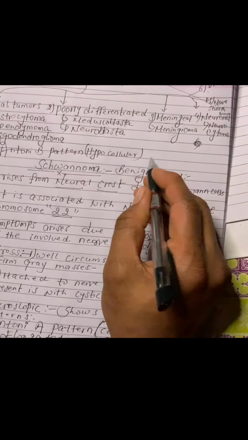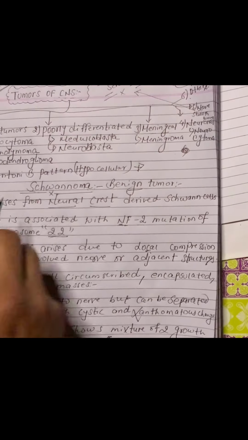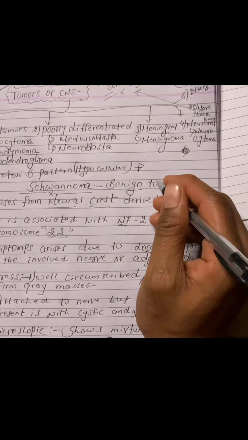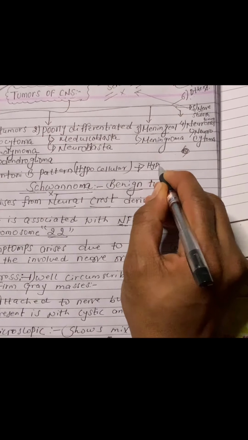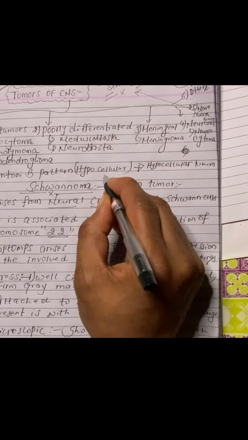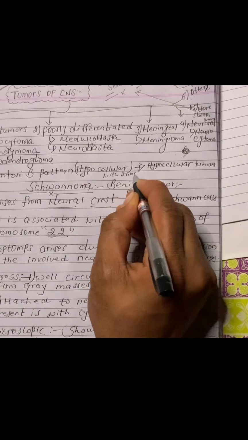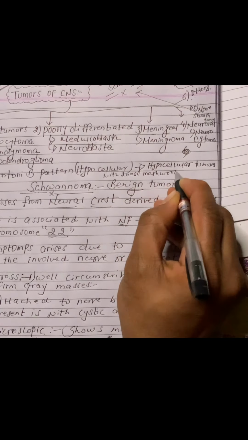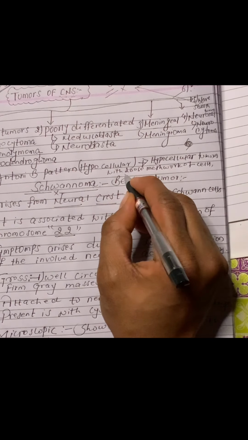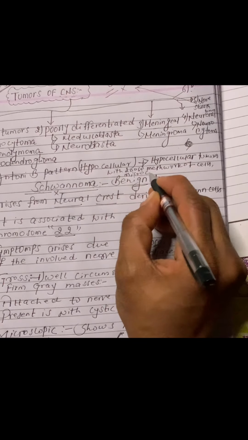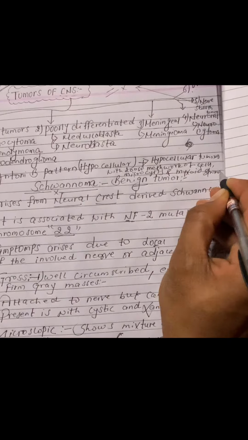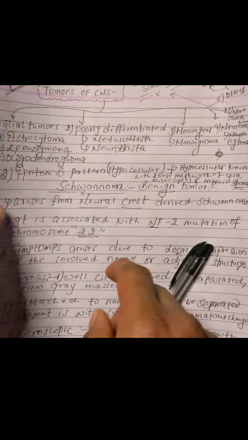So in the Antoni B pattern you can encounter hypocellular tumors with a loose meshwork of cells, microcysts and myxoid stroma.